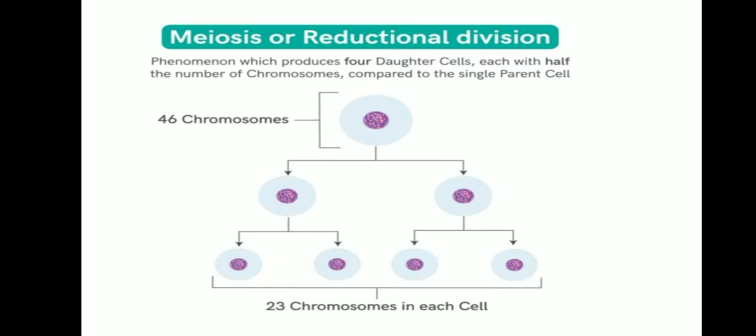From 46, it is reduced to 23 chromosomes. So the 4 daughter cells produced have only a single set, that is 23, 23, 23, 23. From 46 it is reduced to 23. That's why it is called reduction division.